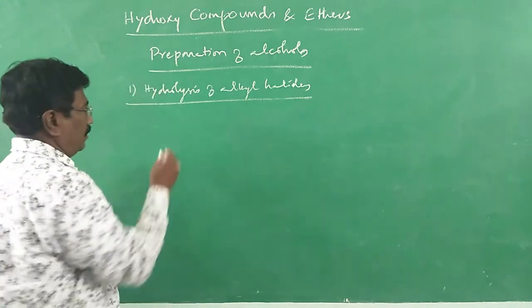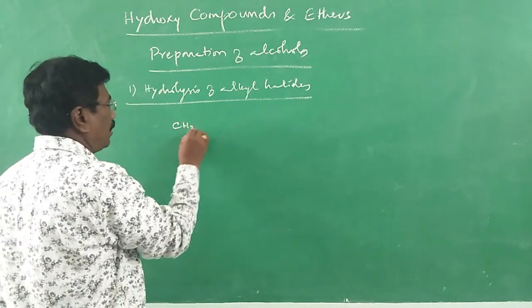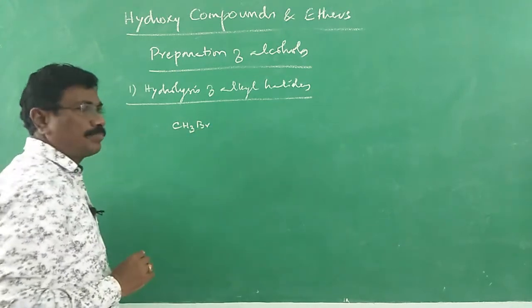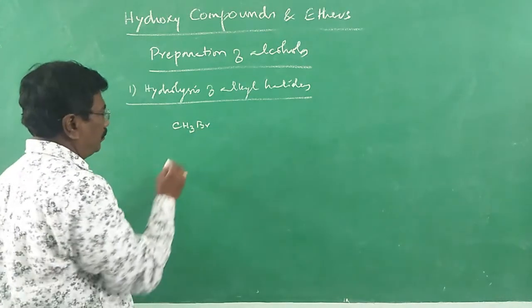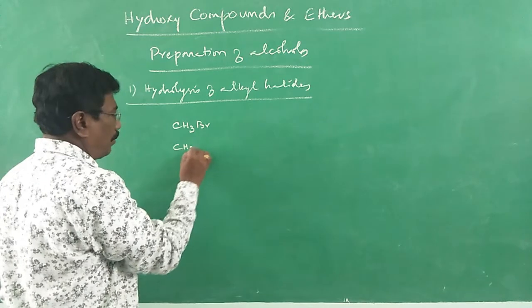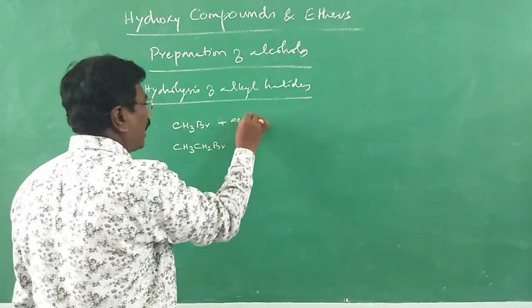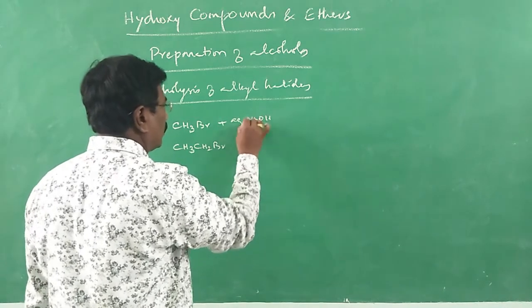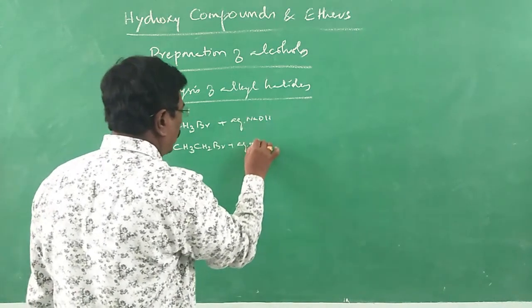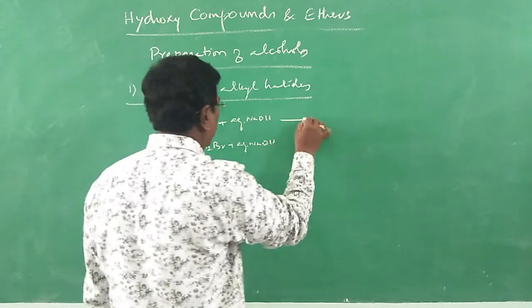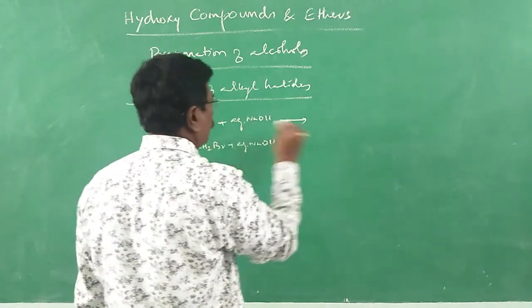Any alkyl halide, let me take a simple primary alkyl halide, methyl bromide. It is a primary alkyl halide. Ethyl bromide is also a primary alkyl halide. When it is made to react with aqueous sodium hydroxide, sodium bromide will go off.